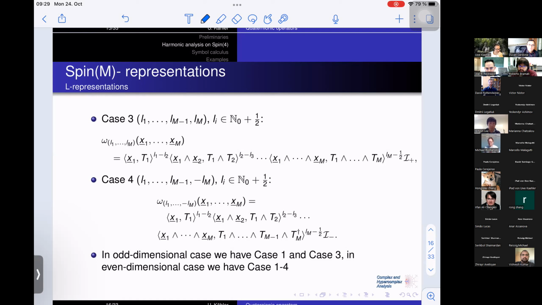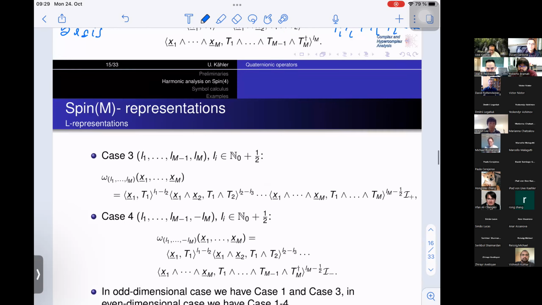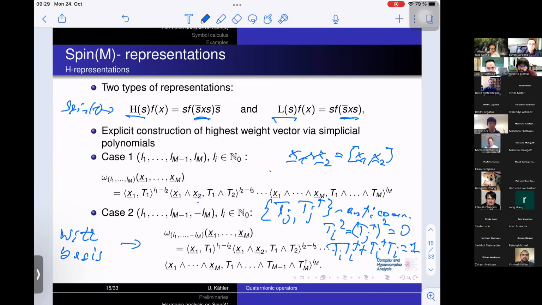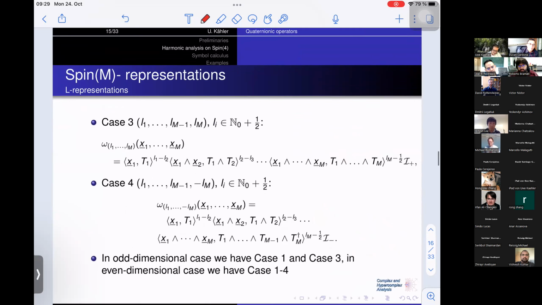And in this case, the odd dimension case is actually insofar easier that you only have one pair. So in the odd dimensional case, you have basically just the case 1 here, only these representations. So in the odd dimensional case, you only have this. And the same thing for spin 1/2 representations.